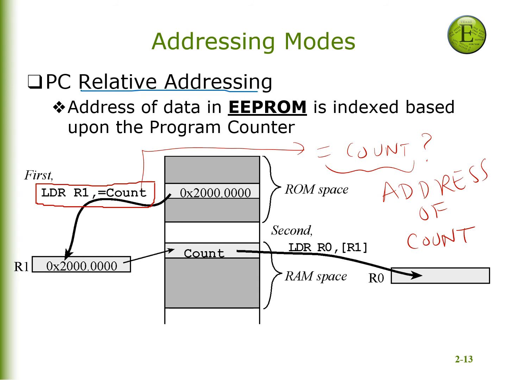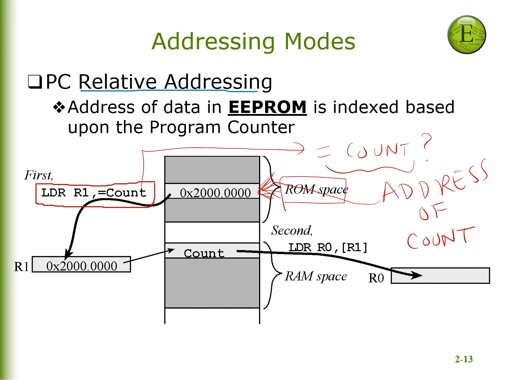Where is that address stored? Again, address and data are all numbers. It just depends on how we interpret those numbers. The address is stored in the ROM section of the memory, where the code is stored. So this equals count is actually an address stored in the ROM.